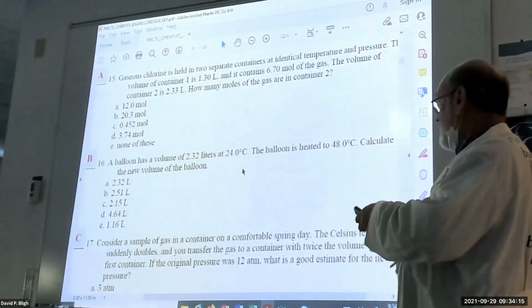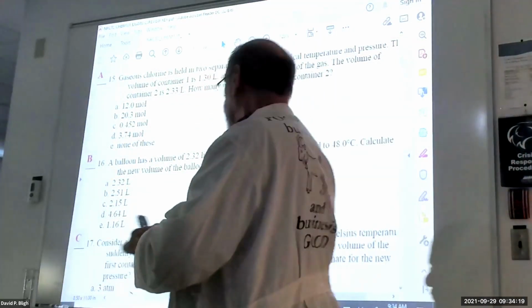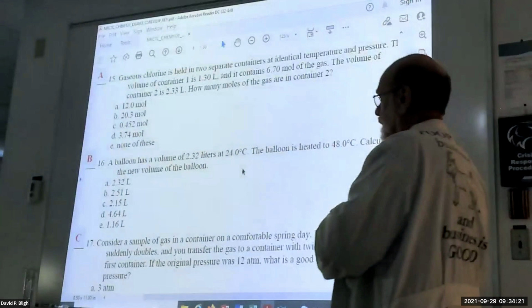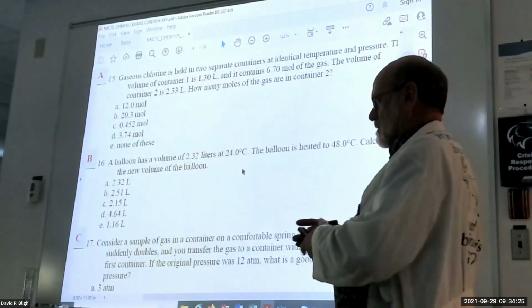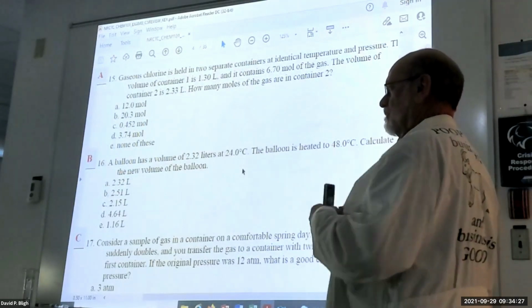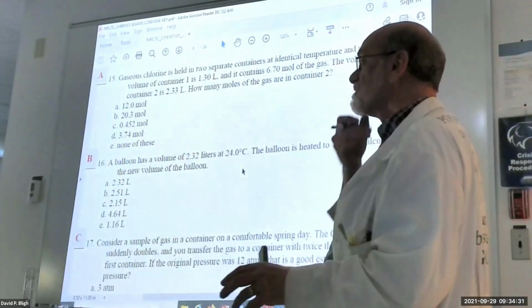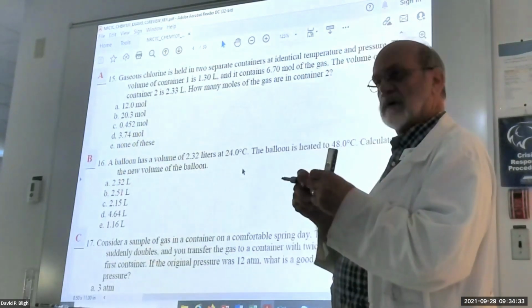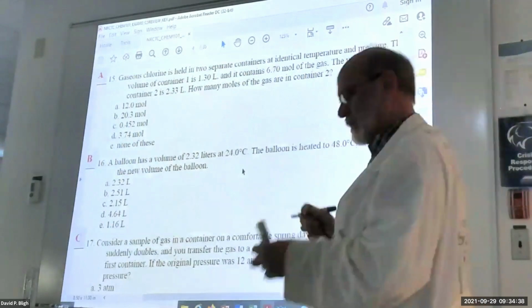So the moral of that story is, aside from the fact that it's Avogadro's law, we can compare those two gases and use the law to compare two entirely different gases, because ideal gases behave alike.